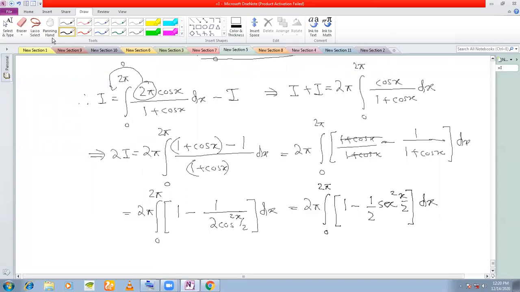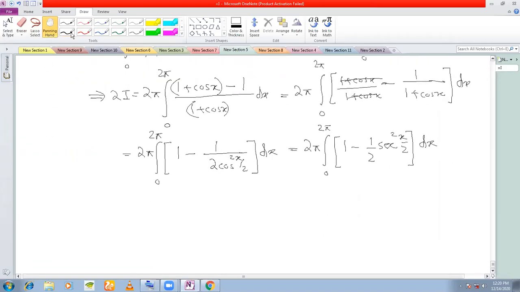Now both can be integrated very easily. Which is 2 pi integral dx minus half integral sec square x by 2 dx. Both have to be evaluated between the limits 0 to 2 pi.